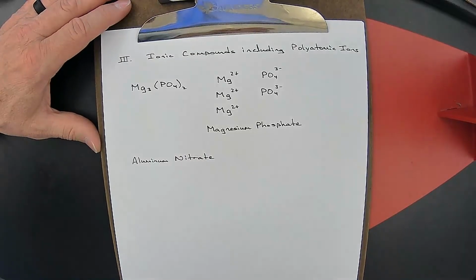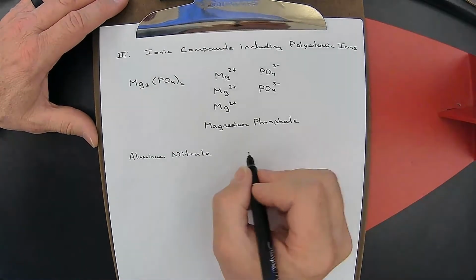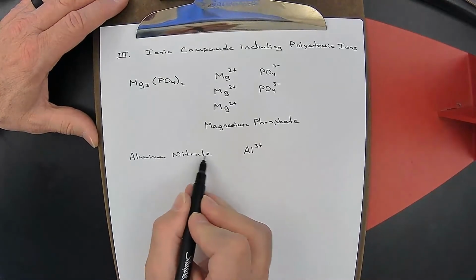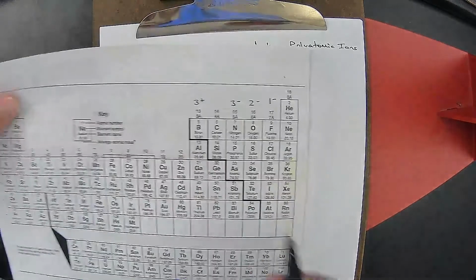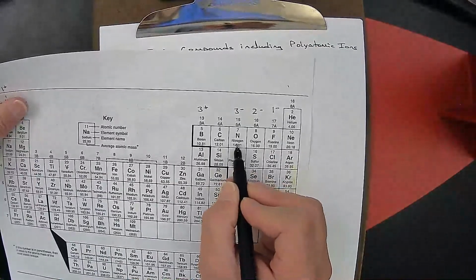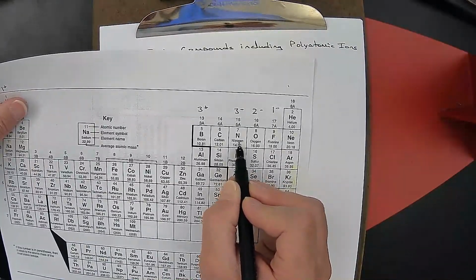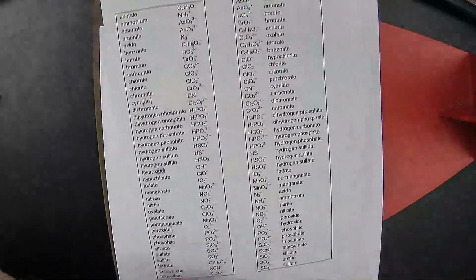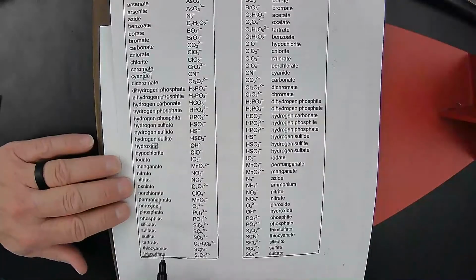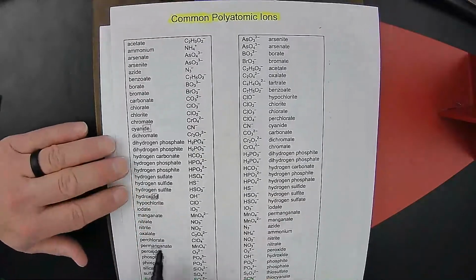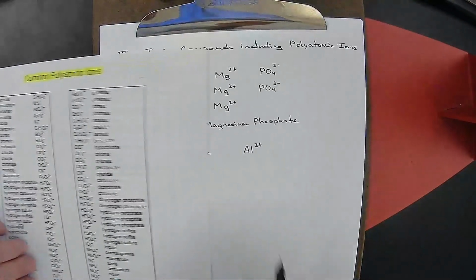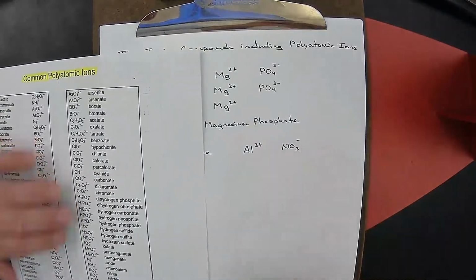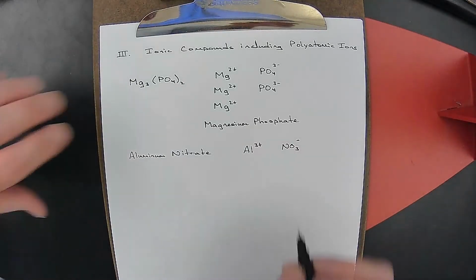If we are doing the opposite and moving from the name to the formula, aluminum is an Al with a 3 plus. Nitrate, notice we are not looking up nitrogen because if it came from nitrogen, it would have been called nitride, but it's nitrate. So we go to the back side of the periodic table, and we look up nitrate, NO3, 1 N with 3 O's, and it's got a 1 minus charge.